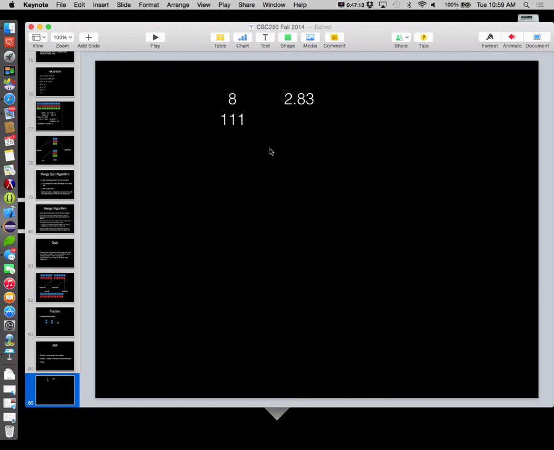Right now we're going through all the numbers between smaller and 1. Correct? All the numbers between smaller and 1.